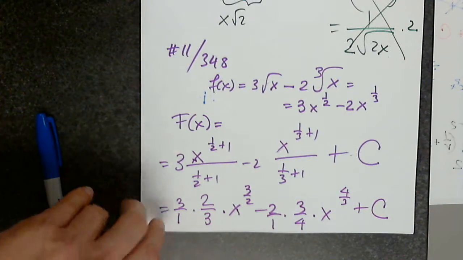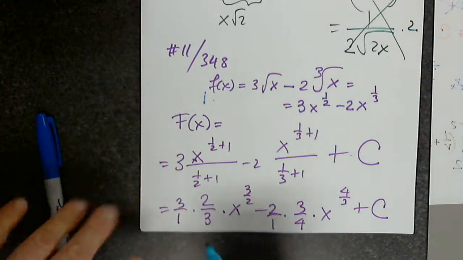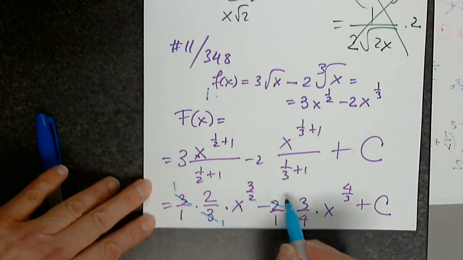Is this clear so far? I didn't perform the operations before we looked at them. So 3 and 3, 2 and 2.